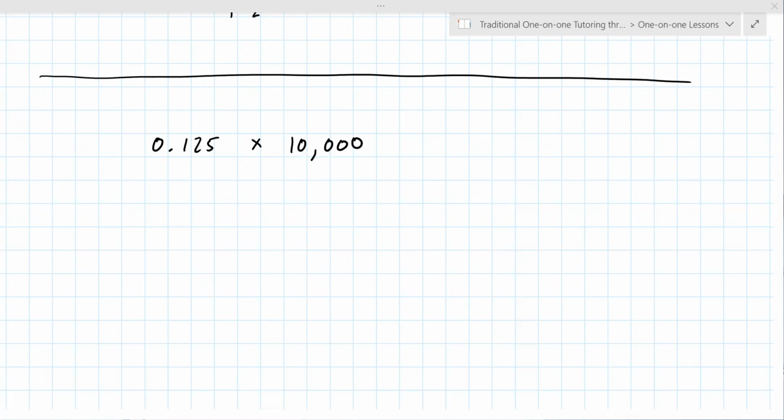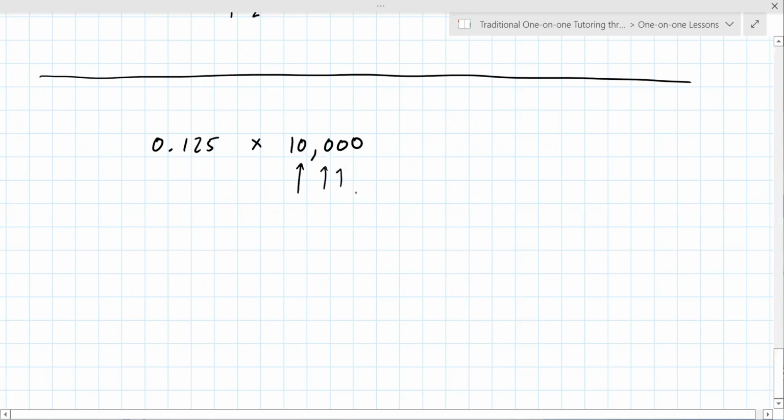I got one more question. Do we count the zeros, or do we just count all the zeros? How many zeros are there? 4. 4 zeros. So you move it to the right 4 times.